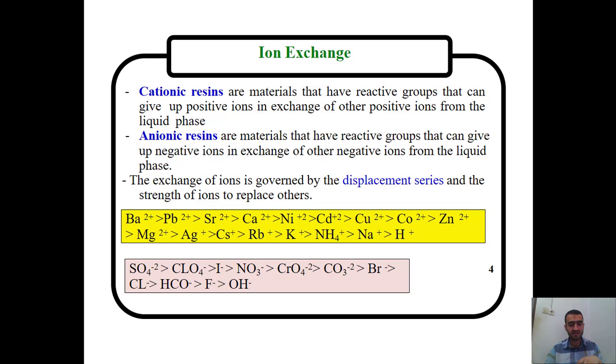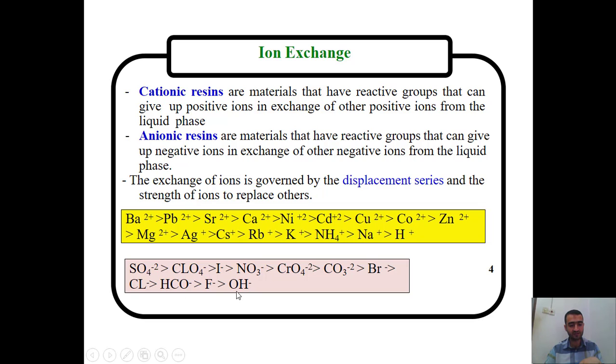In the series that we can see here, you can see barium, lead, and all the other elements in a series. And for the negative anions, you can see sulfate and the other anions, ending with hydroxide.